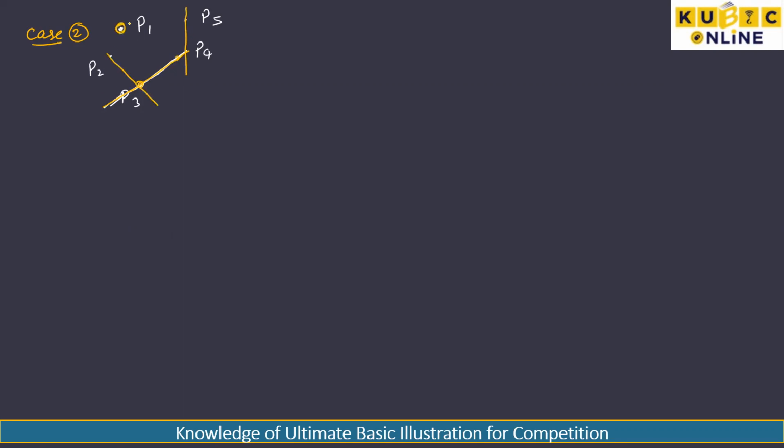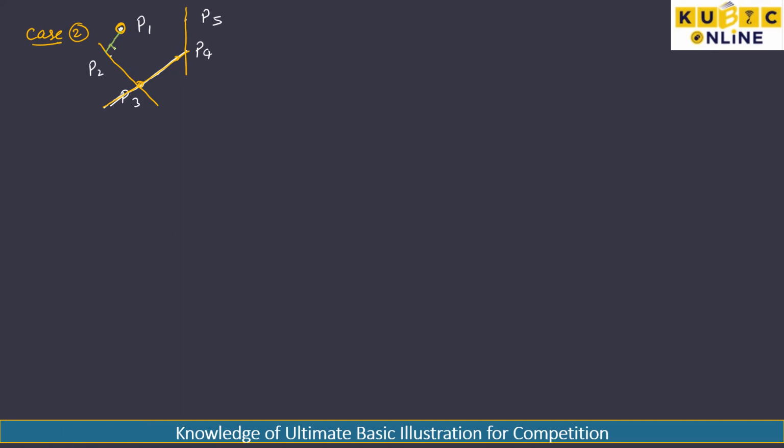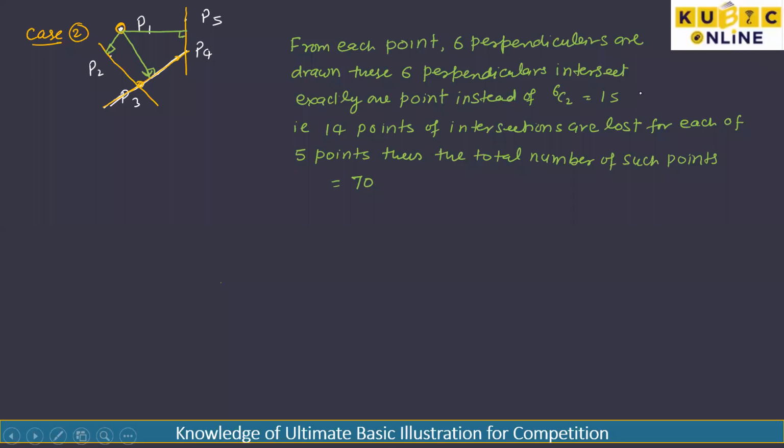With respect to P1, we can get a perpendicular on this line, first perpendicular, on this line second perpendicular, on this line third perpendicular. So it means P1 is itself a point of intersection of all these perpendiculars. So we are also getting such lost points. We'll find out the total number of lost points, that will be equal to 70.